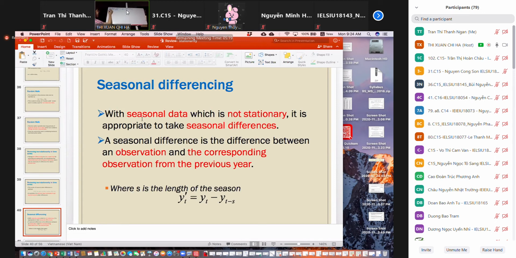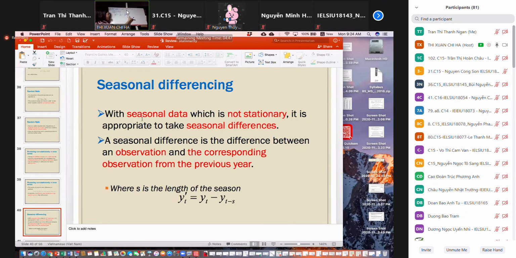For that one, we take the difference to remove non-stationarity. Look at this. See here that is t minus s. S is the length of the season.